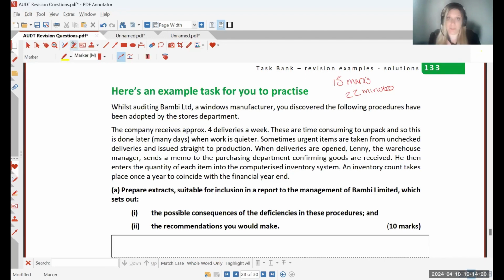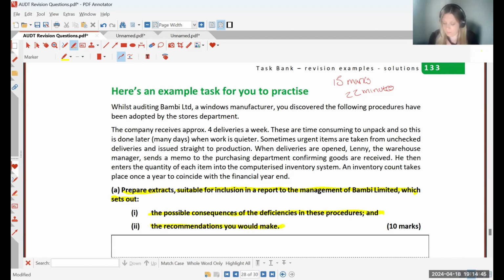Well, actually, I would always recommend, let's read the task before we read the scenario so we know what we're looking for. So we've been asked to prepare extracts suitable for inclusion in a report to the management of Bambi Limited, which sets out the possible consequences of the deficiencies in these procedures and the recommendations you would make.